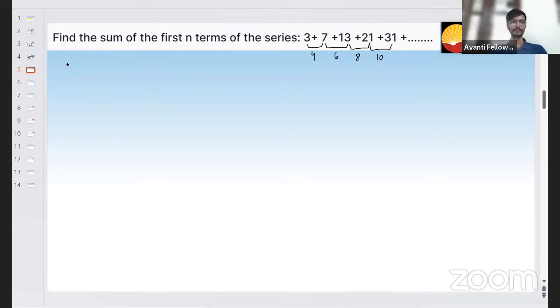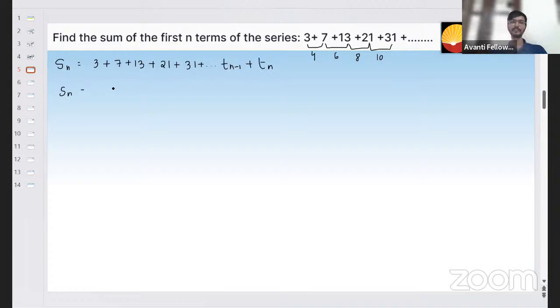JEE mains. So here I can write Sn is equals to 3 plus 7 plus 13 plus 21 plus 31 plus dot. We call this method of difference, if you remember, right? We use difference. So I can write Sn as, let the last term be Tn.